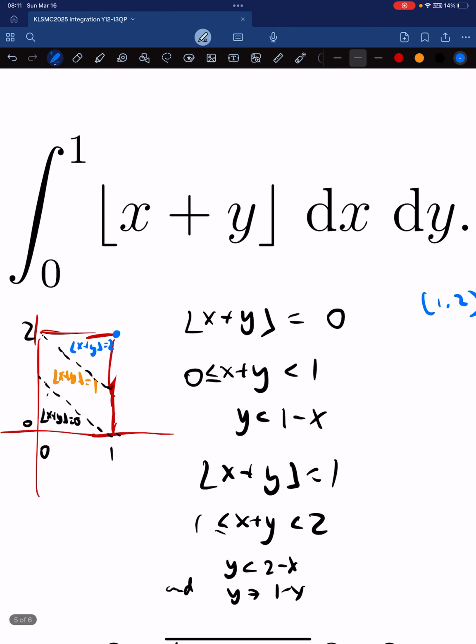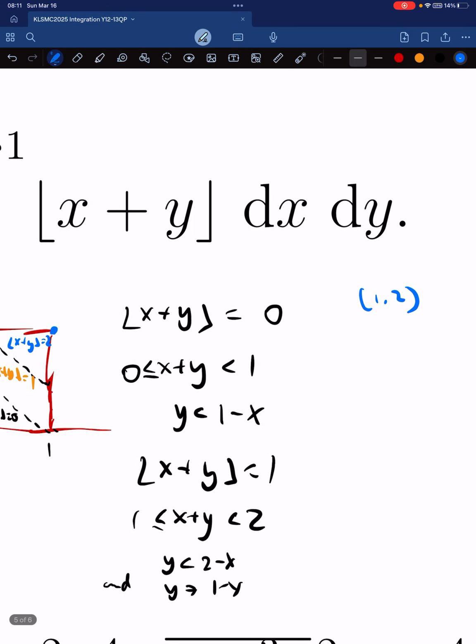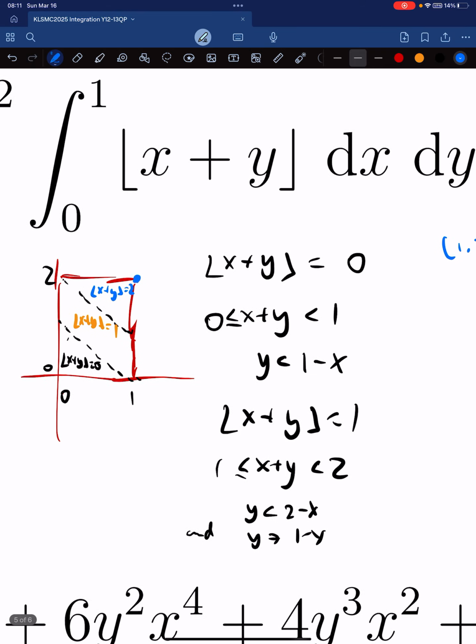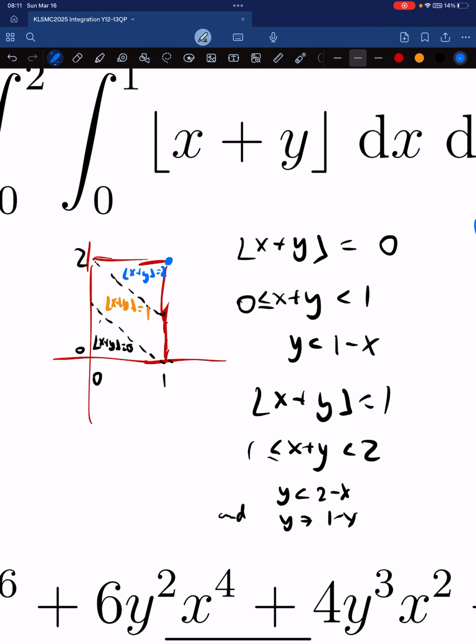But that's very trivial, because only that single point in the plane we're integrating will give a floor function of 3. So we don't care about that. Basically we separated our integration space into these 3 separate parts. This is 0, this is 1, this is 2.